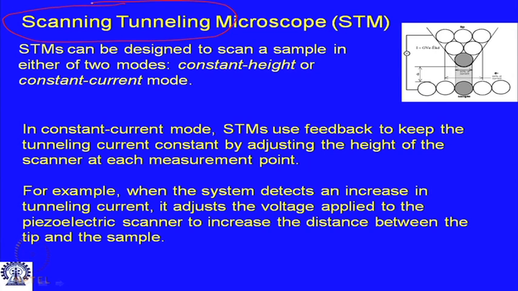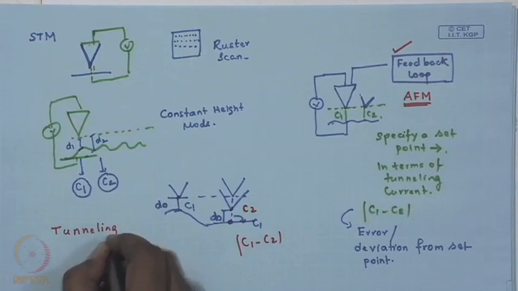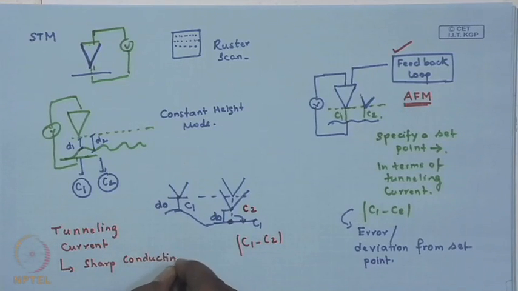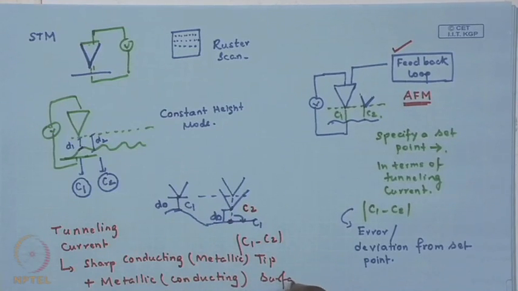Important thing to note is that the principle of STM requires tunneling current, and which is possible only with a very sharp metallic tip and a metallic, or again a conducting surface.